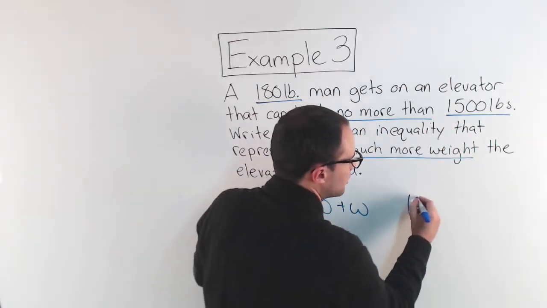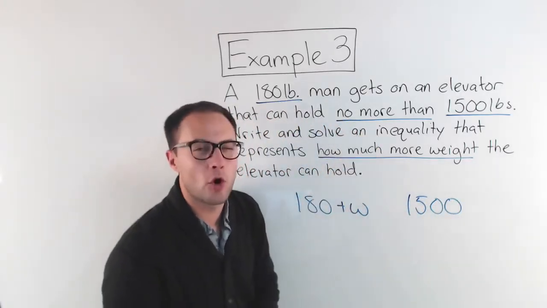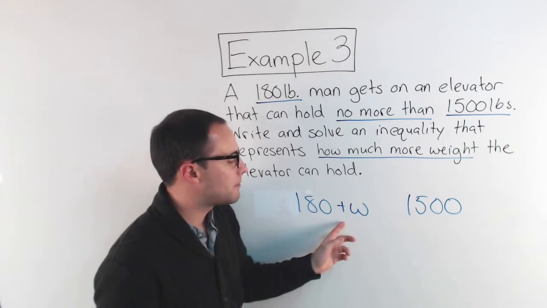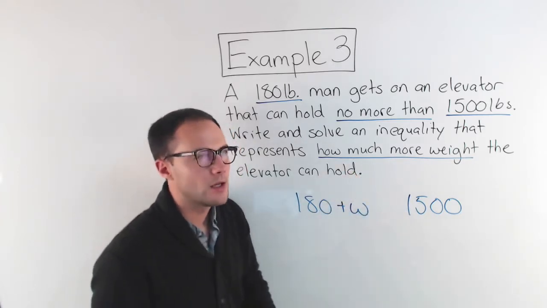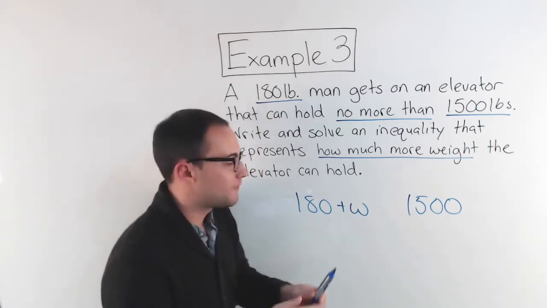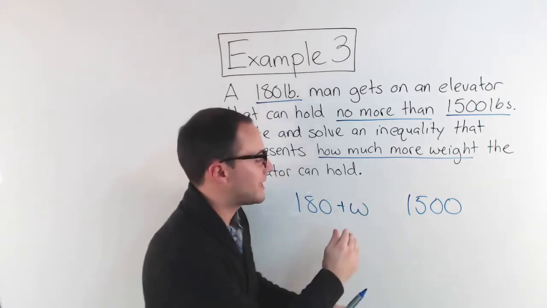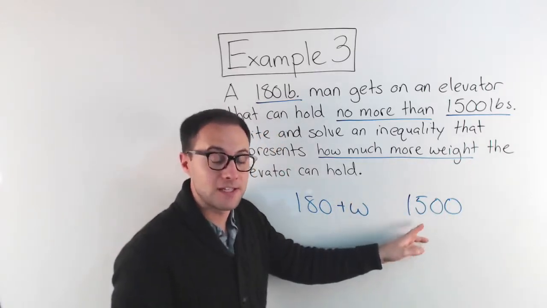So 1,500 is over here. Now, I got to think, okay, what is no more than? 180 plus W has to be no more than 1,500 pounds. You can think of no more, that's like a maximum. 1,500 pounds is the maximum. We can't have more than that. We can have 1,500, that's okay.